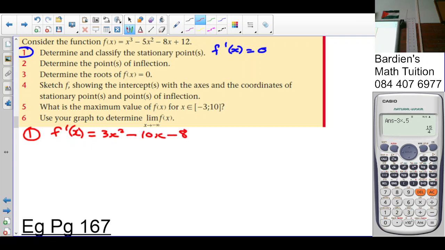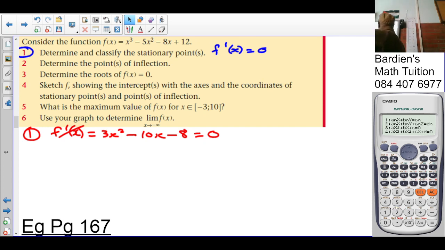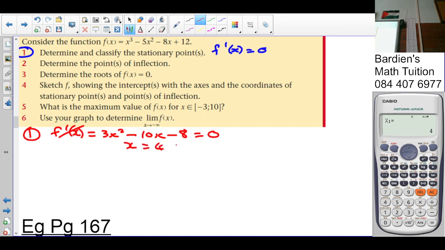Well, what do I do with that? I set it equal to 0. So we go 3, negative 10, negative 8. Gives me an x value of 4, or an x value of negative 2/3.